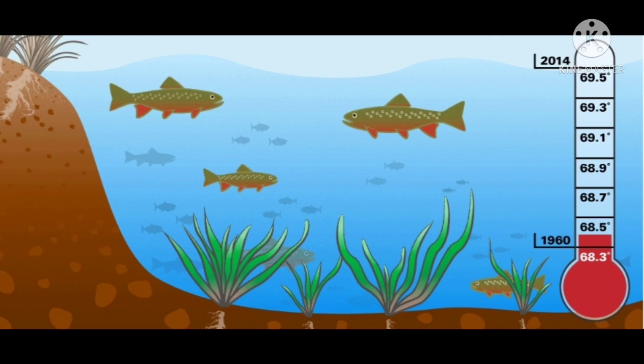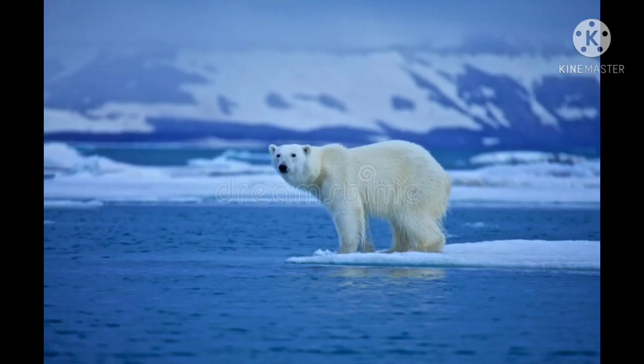Then comes the effect on the ecosystem. Flora and fauna will also be affected, as plants and animal species in cold regions will not be able to withstand increasing temperature. This may also lead to extinction of species due to loss of habitats, desertification, and deforestation. You can see how the ecosystem is affected due to change in the climatic condition.